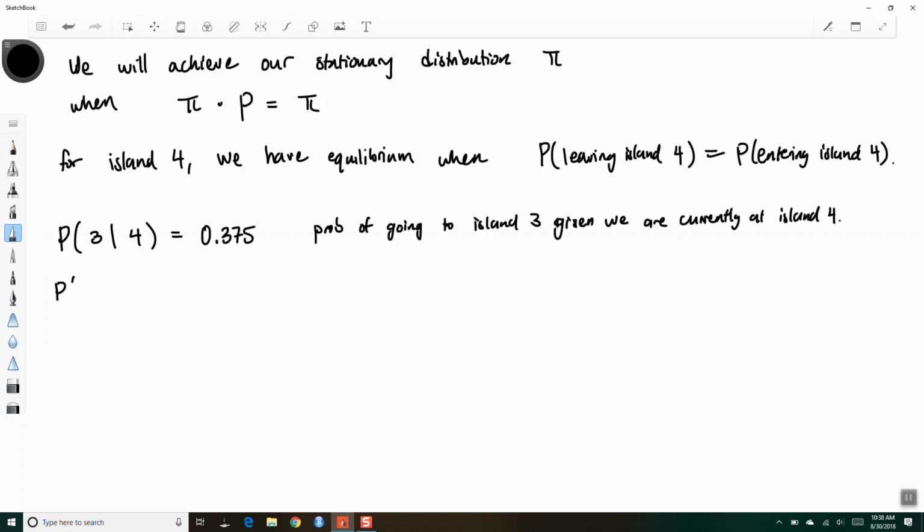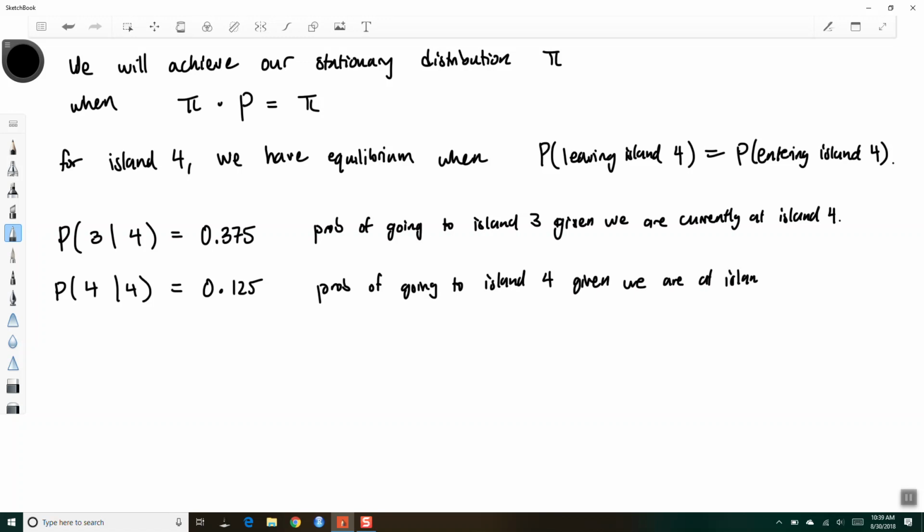And then we have the probability of 4 given 4 is equal to 0.125, and this is the probability of going to island 4 given we are at island 4. Then we have the probability of 5 given 4, and this was 0.5.